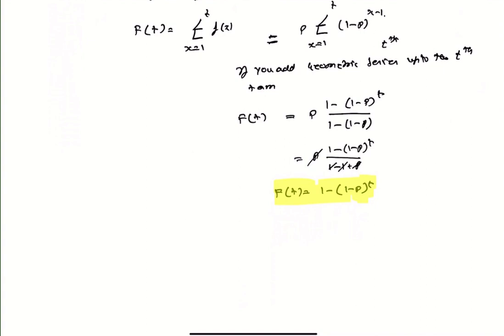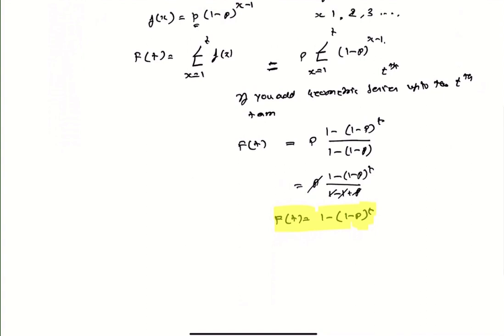But what if we say, and this is an important property for a discrete variable. If you have a discrete variable s that lies between t and t plus 1, so s is greater than or equal to t but less than t plus 1, then the CDF of s is going to be the CDF of t.